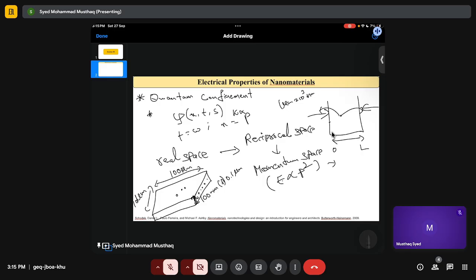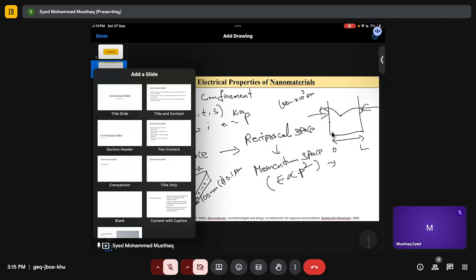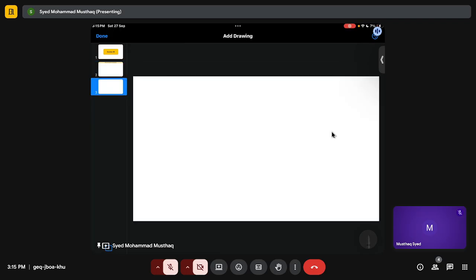For example, we are talking about electrical properties. What do I mean by electrical properties? Electrical properties mostly relate to resistivity and conductivity. We all know what conductivity is. Conductivity is nothing but how well a material can conduct electricity. The higher the conductivity, the better the conduction of electricity inside that material.